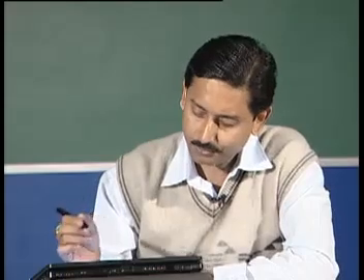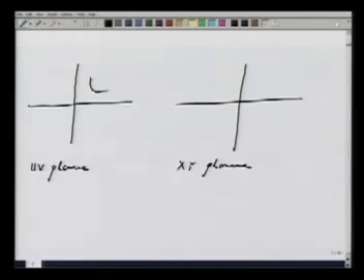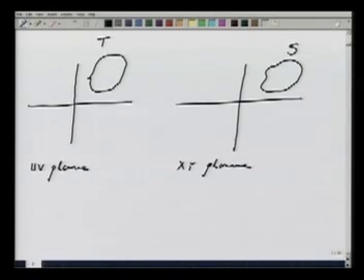Now suppose on the uv plane I have a domain T, and on the xy plane I have a domain S, and I am interested in this double integral, the integral over S of f(x,y) dx dy.